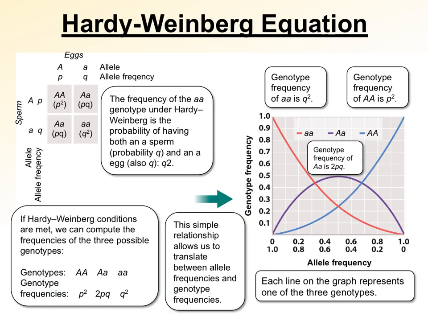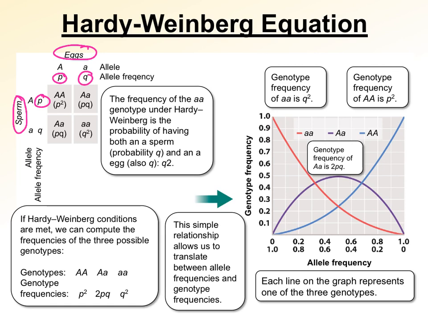And so this is what I meant by a Punnett square of everything in the population, because you're basically saying, well, there's all of these eggs in the population, and there's a certain frequency of those eggs that have, let's say, big A, and a certain frequency that have little a. So here they're saying big A, little a instead of A1, A2. And then here you have all the sperm in the population.